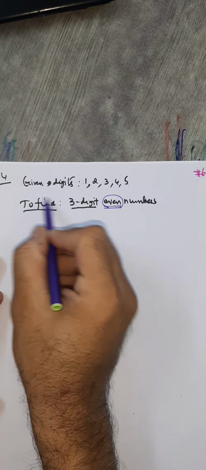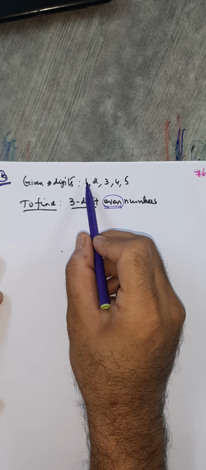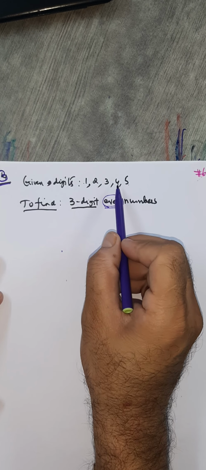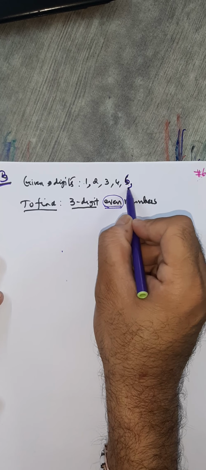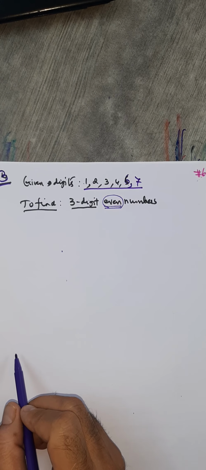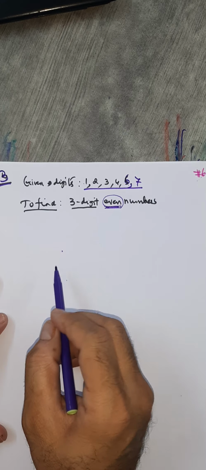Sorry, I think I've clubbed with third question. Let me write third here. So given digits are 1 2 3 4 6 and 7. In third question this many digits you are given, 6 digits, 1 2 3 4 6 and 7. 3 digit even numbers.